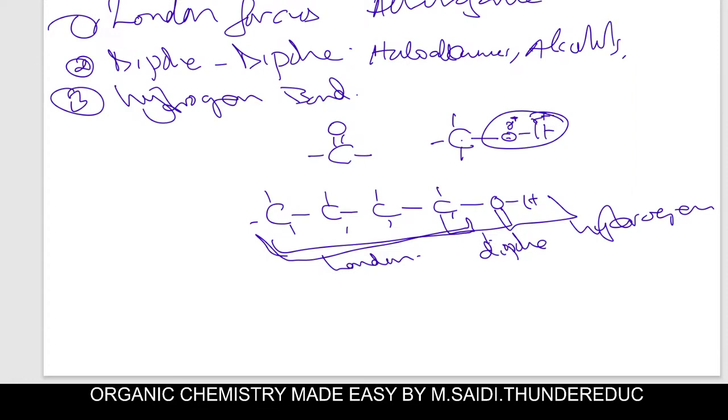And what if I'm just comparing compounds with only London forces? We shall see how many carbon atoms they have. If they have long chains, it means that the London forces are greater in one molecule over the other.